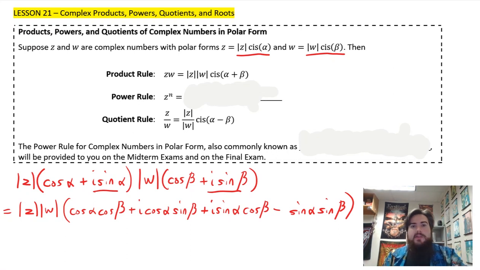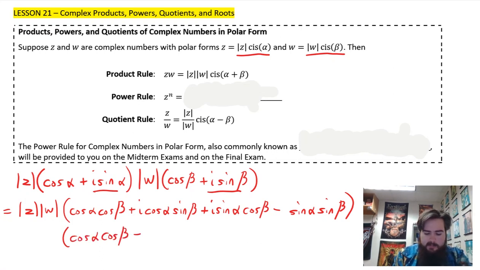There are a couple terms here that still have the imaginary part of square root of negative 1, or i, represented there. So let's group those two terms together. I have cosine of alpha, cosine of beta, minus sine of alpha, sine of beta.